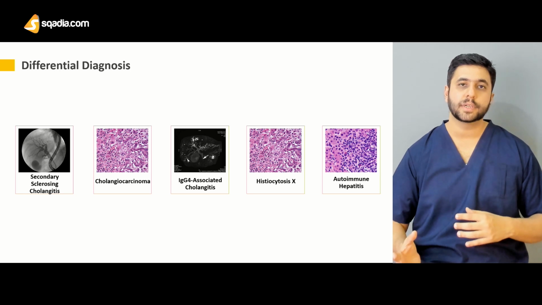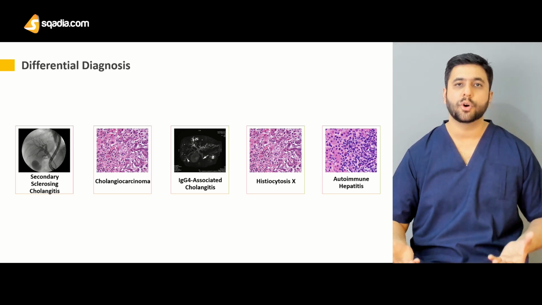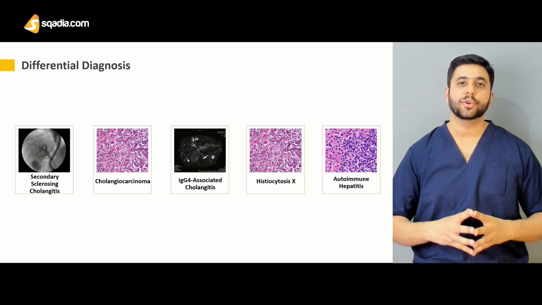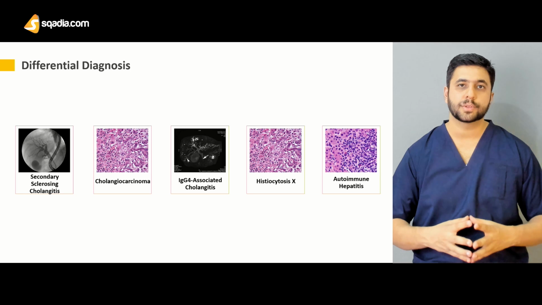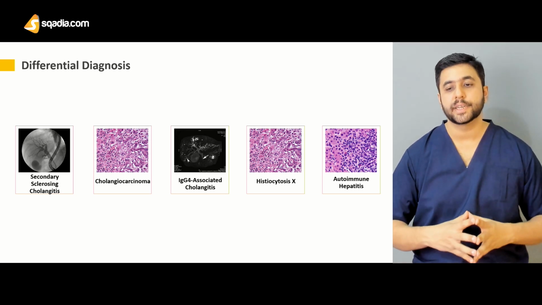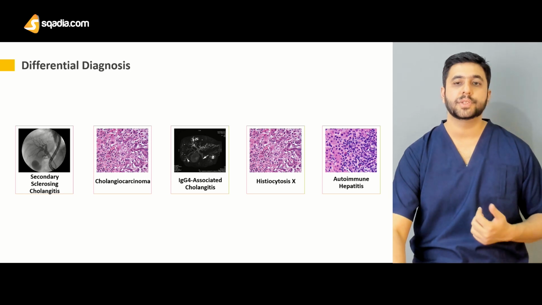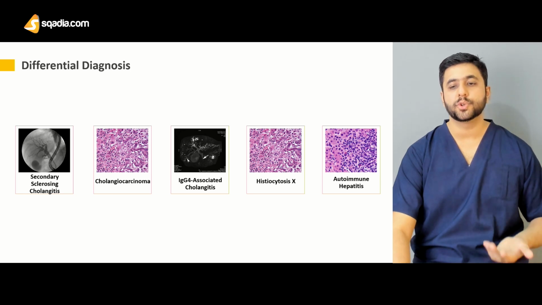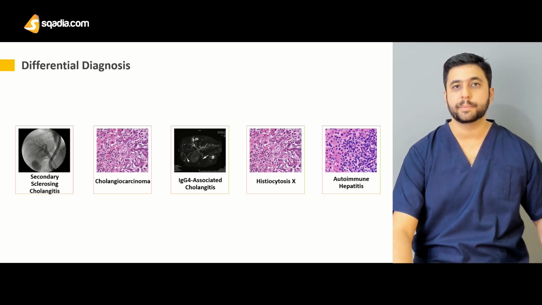These are very commonly associated with autoimmune hepatitis, and since it is an autoimmune disorder, it is also associated with other autoimmune disorders like Hashimoto's thyroiditis, Graves' disease, or various other forms of presentation. So this is one way of distinguishing it from primary sclerosing cholangitis. And when we do a liver biopsy, it will show the lymphocytic infiltrate, which is not present in a patient with PSC.